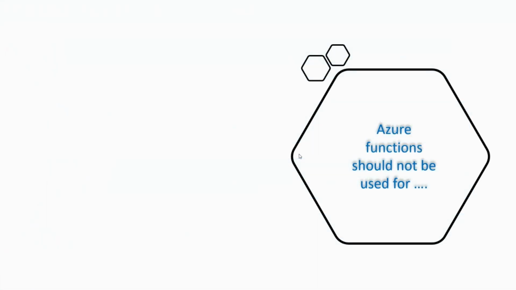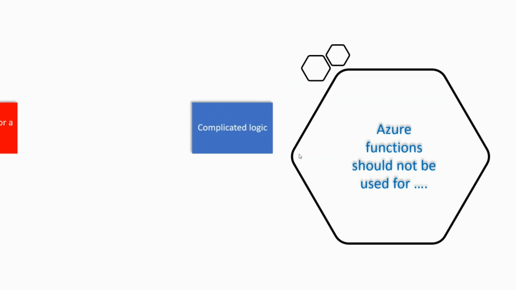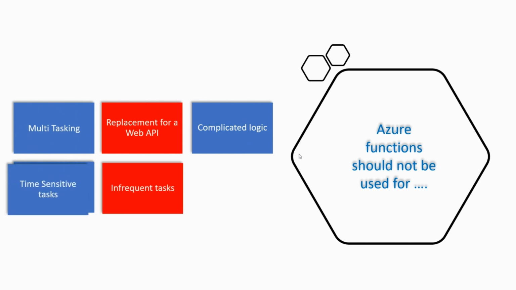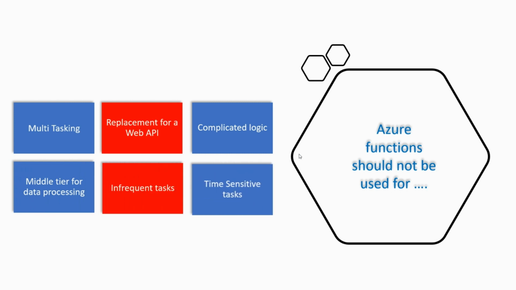Now, let's see what are the areas where Azure function should not be used. Number one, it should not be used for a multitasking environment. You can use it for very simple, straightforward business logic. Second one, please note, as I mentioned earlier, it is not a replacement for Web API.